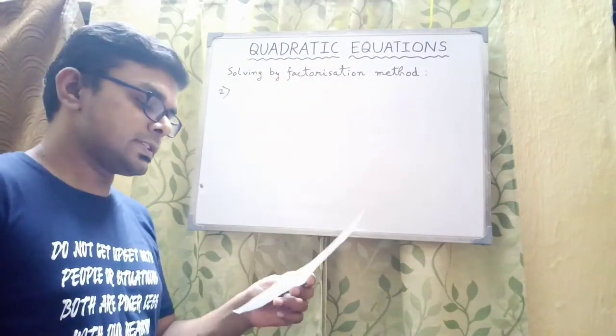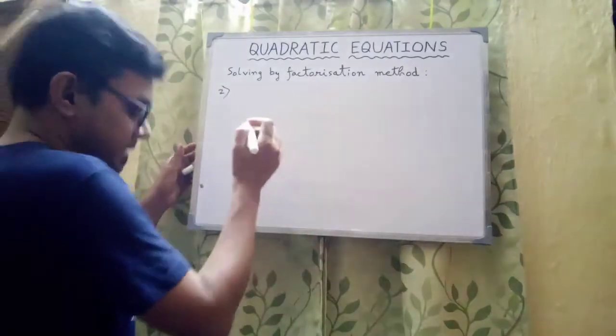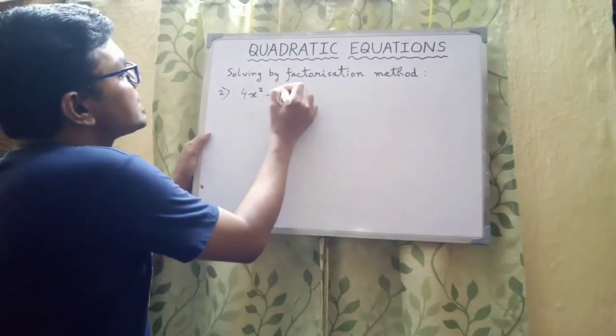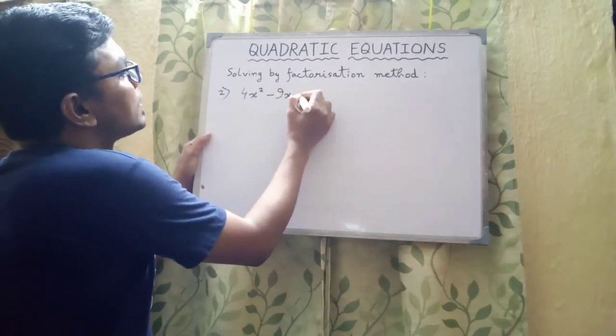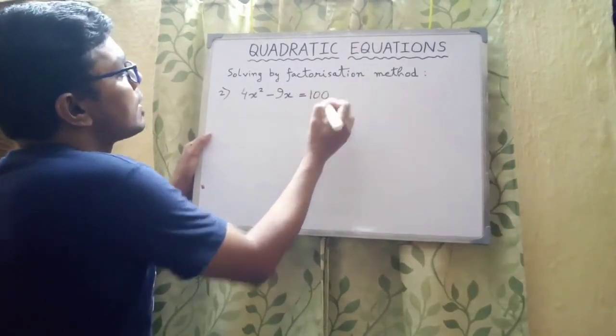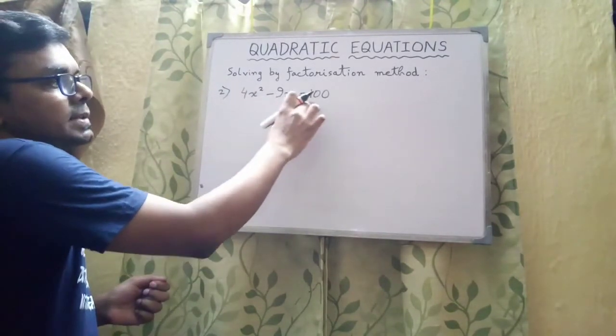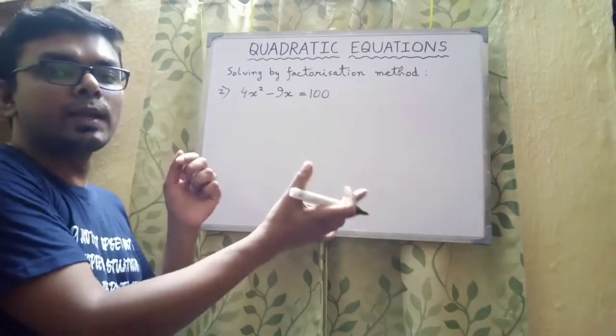Here we are with the second example, that is 4x squared minus 9x equals 100. Now looking at this, it is ax squared plus bx equals something, but we have to bring it to the standard form.